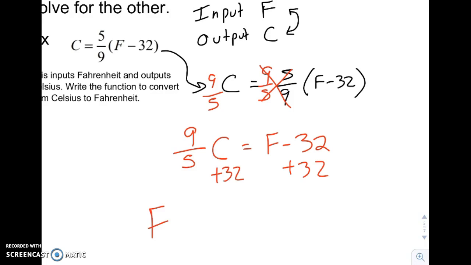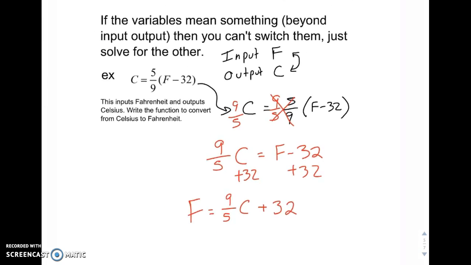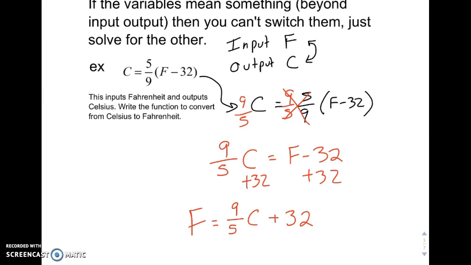So our function now that will convert Celsius into Fahrenheit is going to look like this: 9/5 Celsius plus 32. So when the inputs actually mean something, you can't do that switch. We're allowed to do that with x and y because they just stand for input and output. And that's really what we want to do.